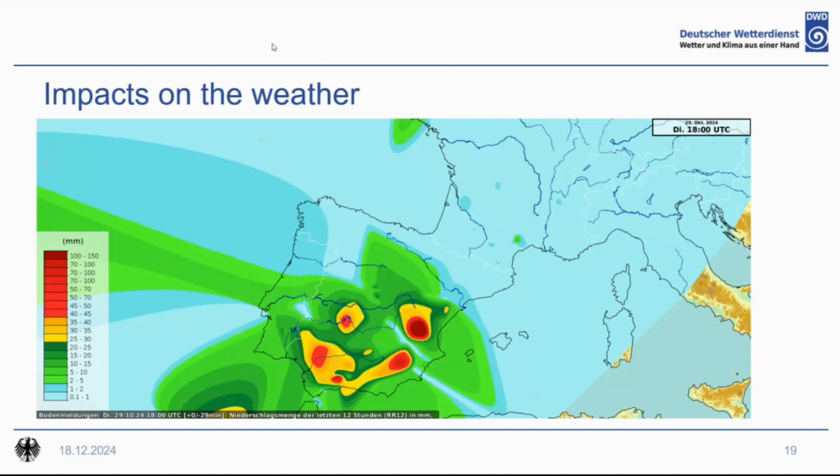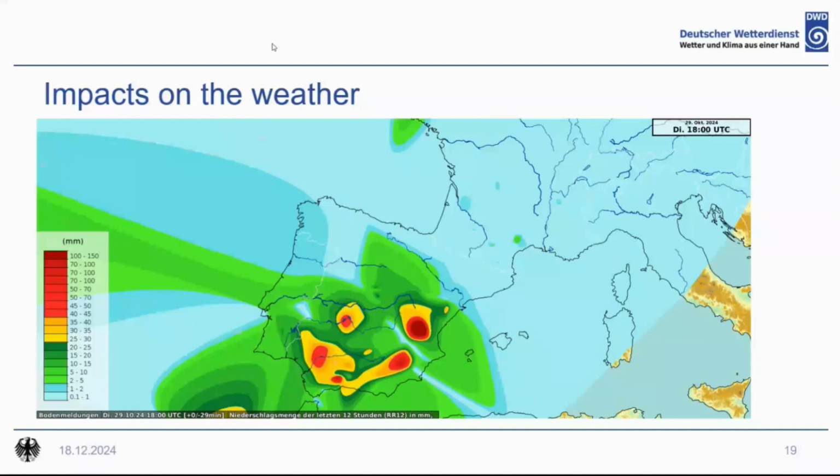So there are rain values of 150 millimeters and more in local areas, and that was the 29th of October.